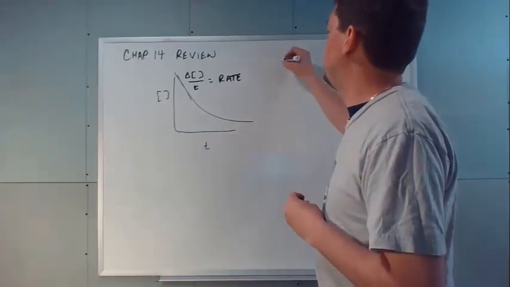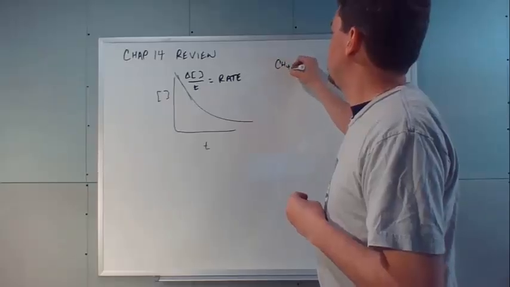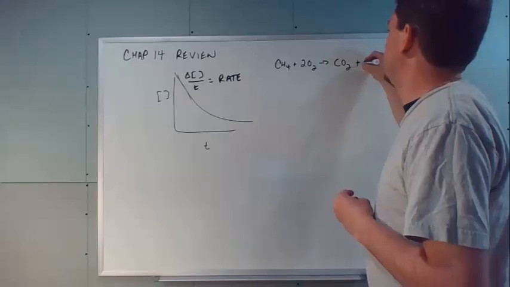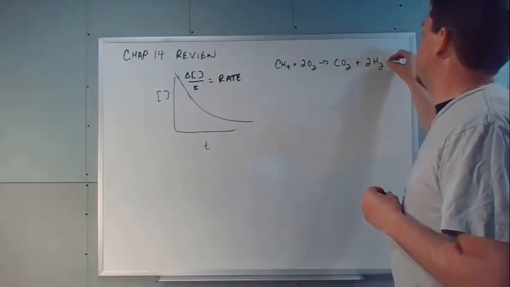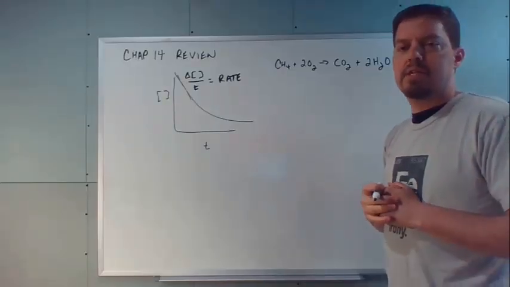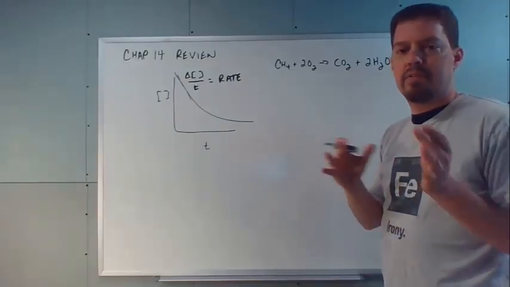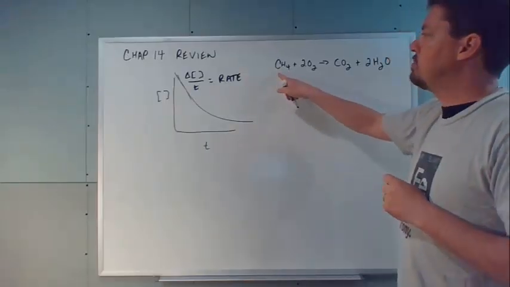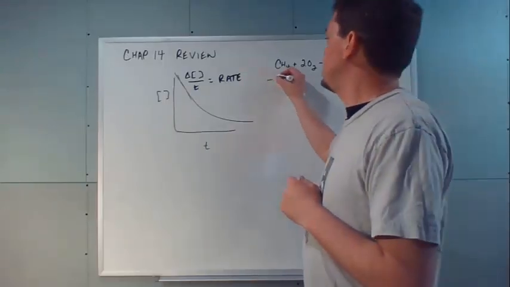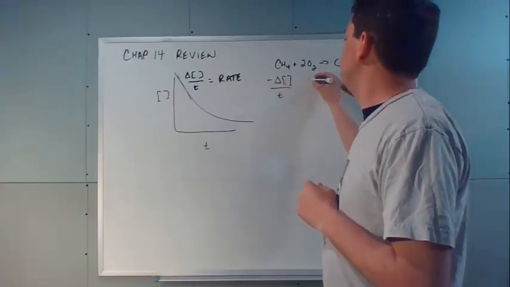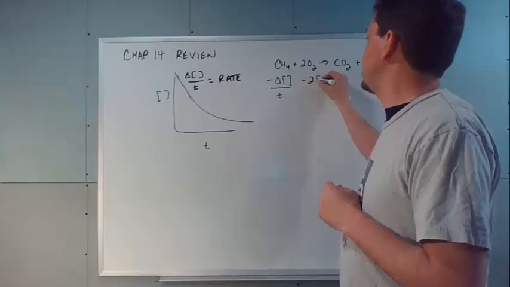So if you have, you know, CH4 plus 2O2 yields CO2 plus 2H2O, and I know these are all gases, but we can still talk about it in terms of concentration for gases too. You just have to do a little gas law manipulation with the ideal gas law. But regardless, what that means is that this is going to decrease at a certain rate, and this one is going to decrease at twice that rate.